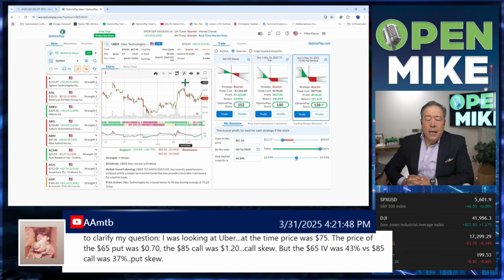The first is that the value of the option is determined in part by the strike. All else equal, a lower strike is going to have a lower options price. And I'll use an argument ad absurdum to illustrate this.